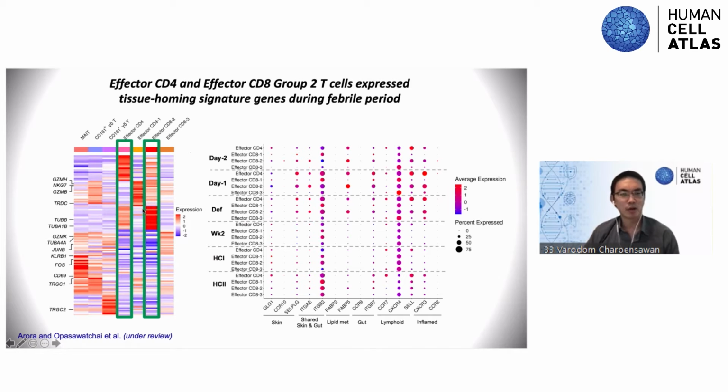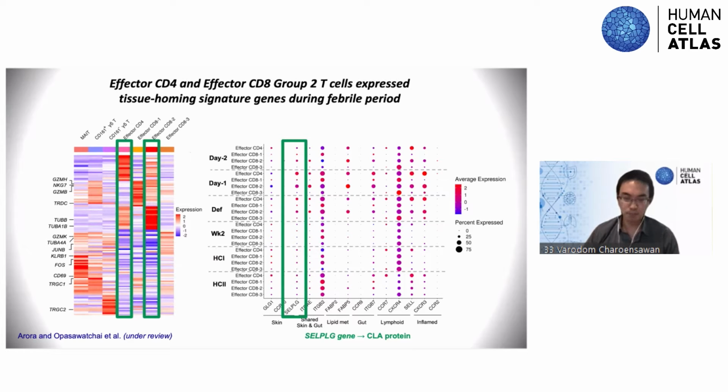These 2 subpopulations tend to have a lot of tissue homing markers, and the one that we're particularly interested in is called the SELPLG gene. It's a skin marker, and it encodes a protein called CLA. In these two populations, interestingly, we see this expression. We also see the expression of the gene called PD-1 as well, which is kind of interesting.